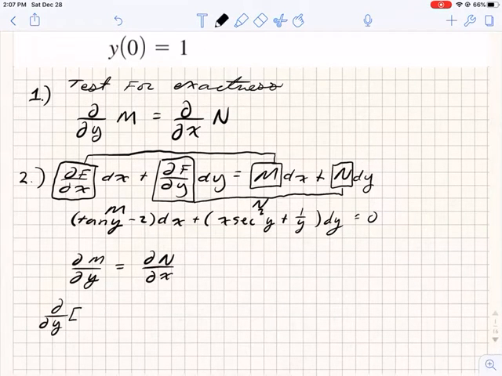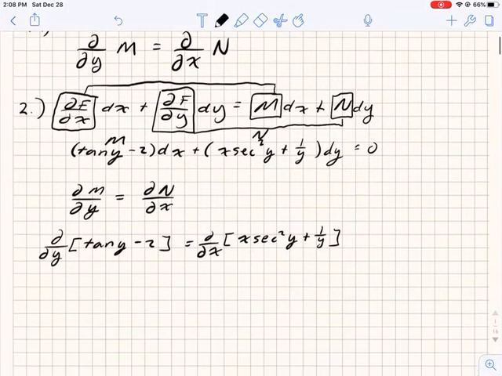So doing that, we have the partial derivative of tan y minus 2 is equal to the partial derivative with respect to x of n, which is x secant squared y plus 1 over y.